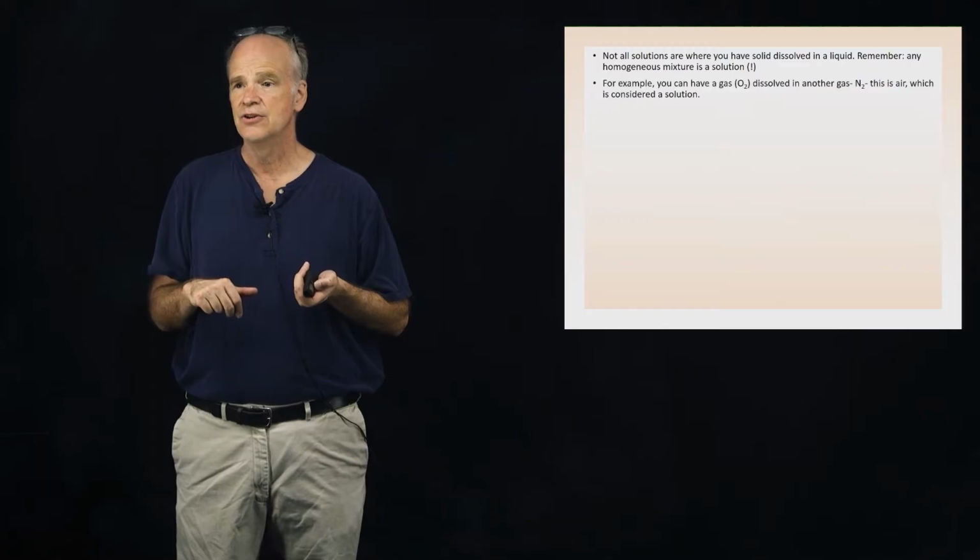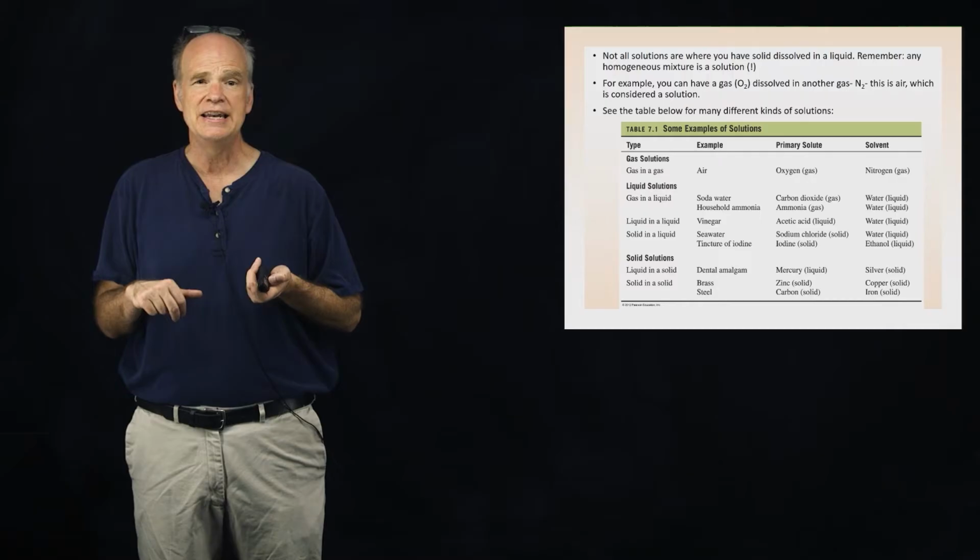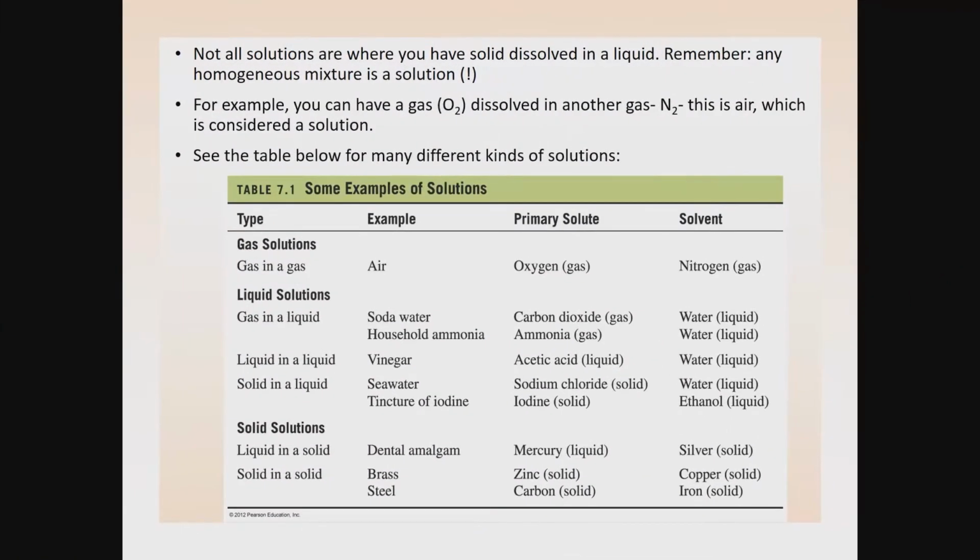Now, there are many different kinds of solutions, as I kind of talked about before, and it depends on what phase you are dissolving into another phase. And so a fun, kind of interesting example of a solution is air. Because in air, you have a bunch of pure substances mixed together. So as you probably know, air is comprised of mostly nitrogen gas with some oxygen gas and a little bit of argon gas, and then there are other components in air as well.